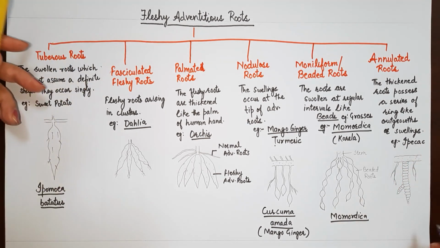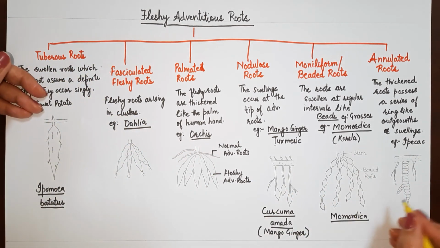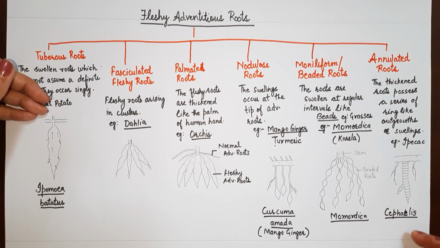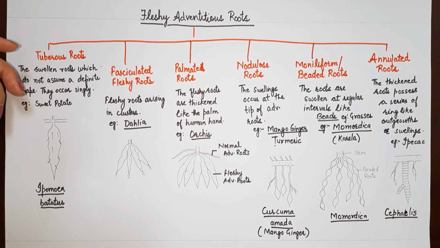So this is the case of Psychotria, P-H-E-L-I-S, Cephaelis. Okay, Cephaelis is a botanical name of ipecac.